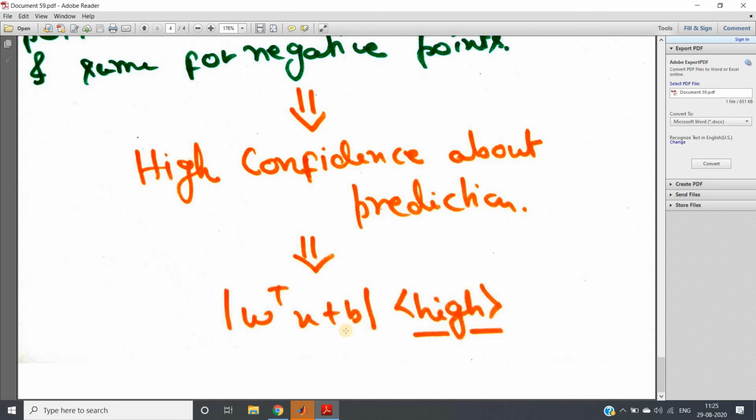If it is a high value in the negative direction, we will conclude that the point belongs to the negative class with high confidence. If this value is very high on the positive side, then we can say that the point belongs to the positive class with high confidence. In simple terms, we can generalize that the mod of omega transpose x plus b, the absolute part, should be as high as possible, okay.